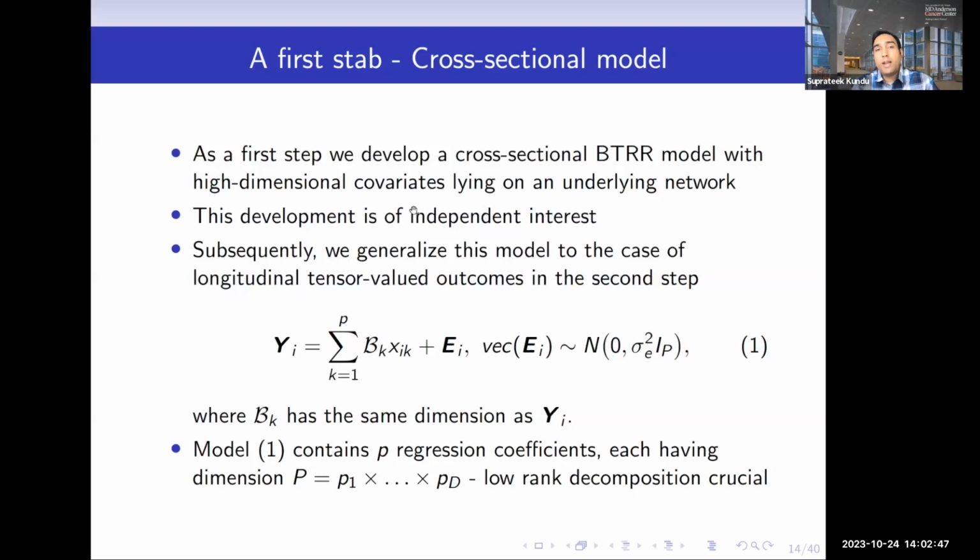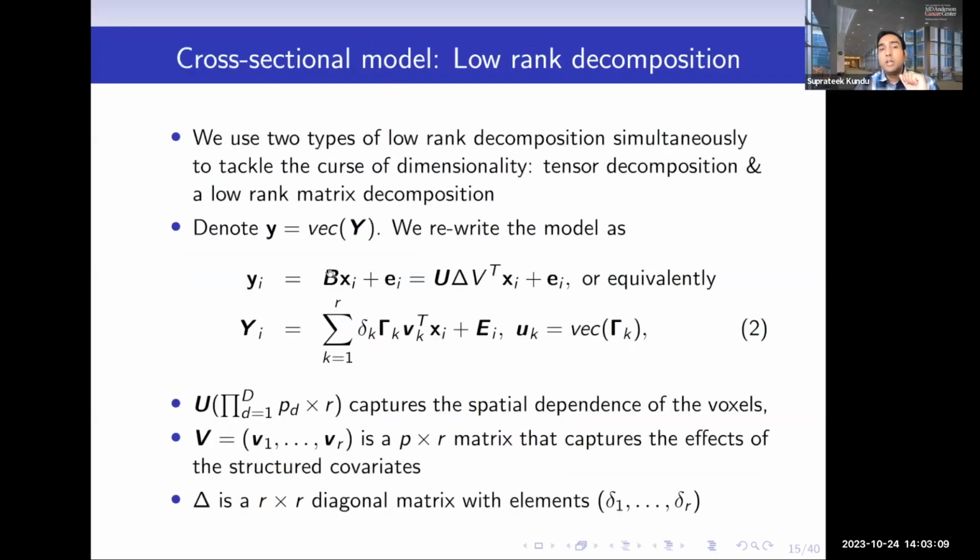So how do we handle this really large P under the framework of a BTRR model? To do that, we need an additional level of decomposition on these coefficient matrices. Of course, we're going to use tensors to model these B's, but just using the tensors won't be enough. So what we do is we use low rank decompositions for the coefficient matrices, right?